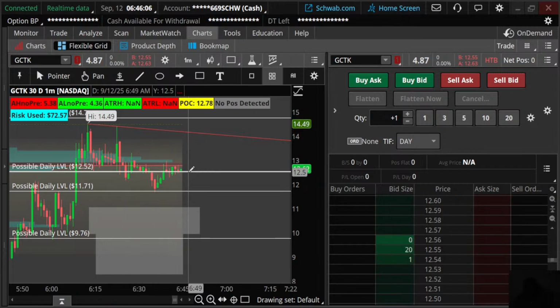I mean, this thing is just holding that 1252. There we go. Slip on down. Start breaking stuff downward.